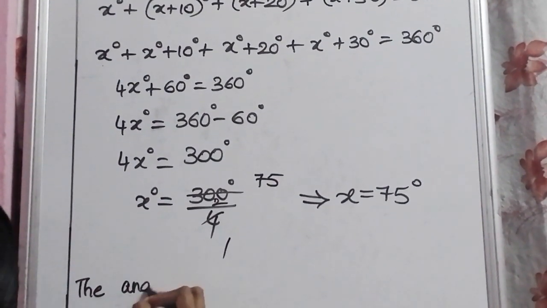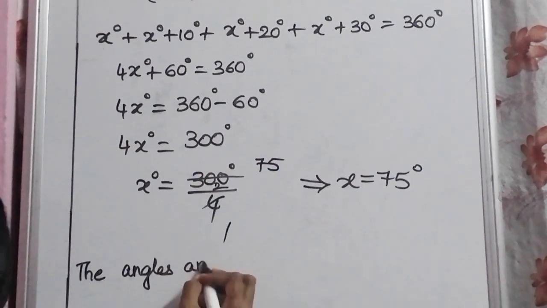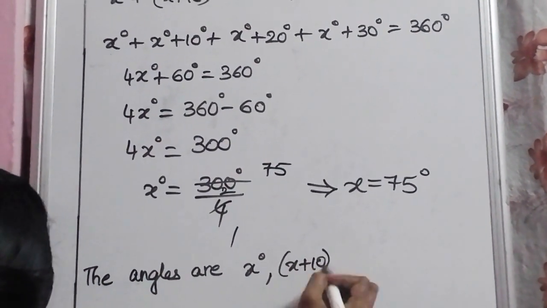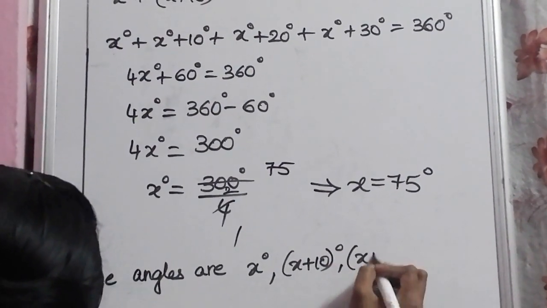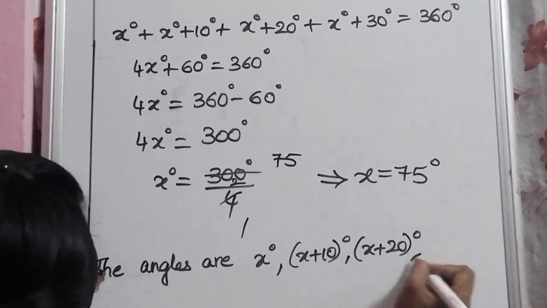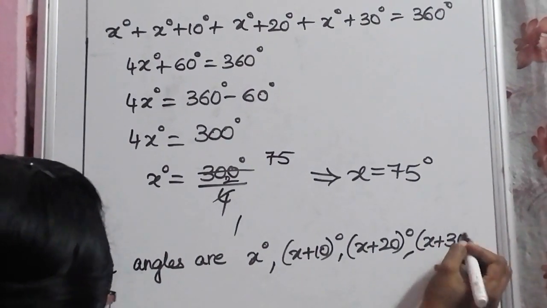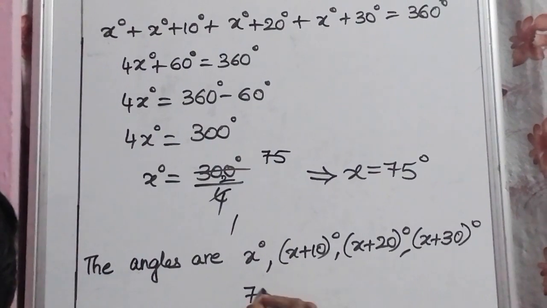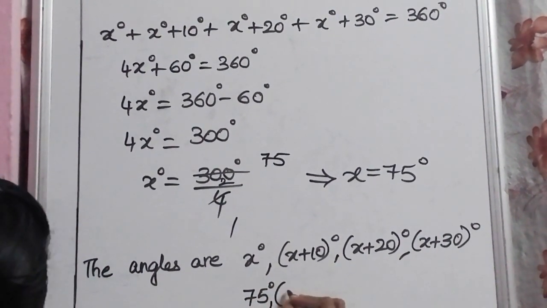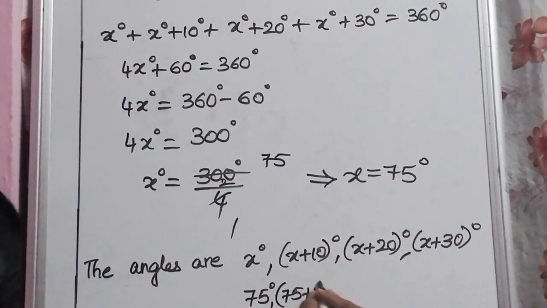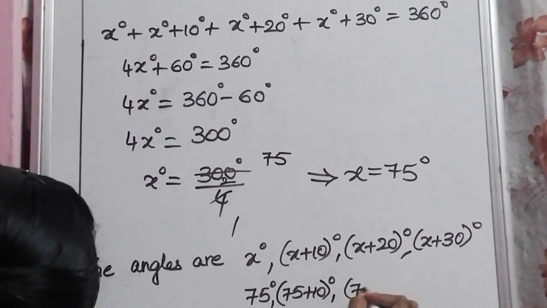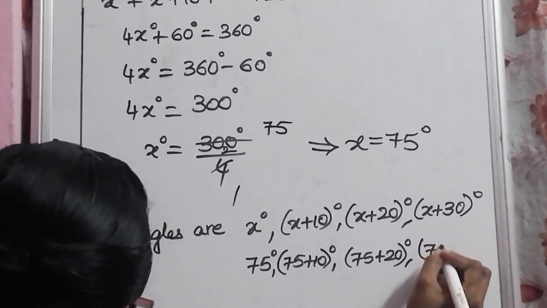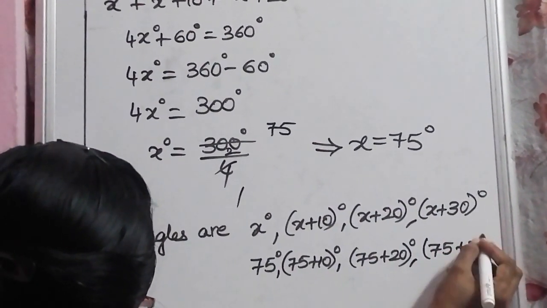The angles are, initially they have given x degrees, x plus 10 degrees, x plus 20 degrees, x plus 30 degrees. So substitute x value here. So this is 75, 75 plus 10, 75 plus 20, 75 plus 30 degrees.